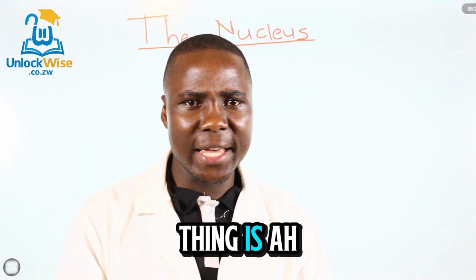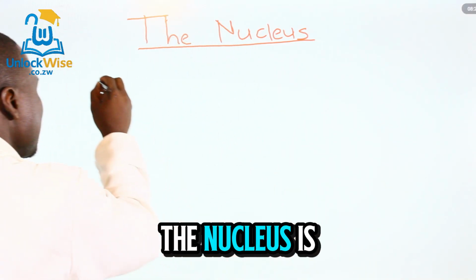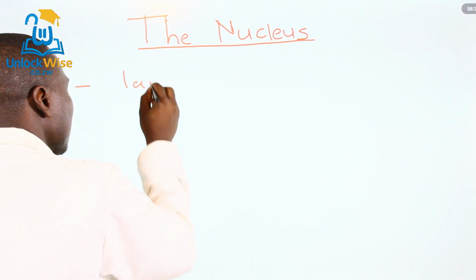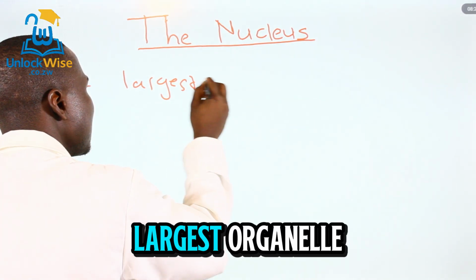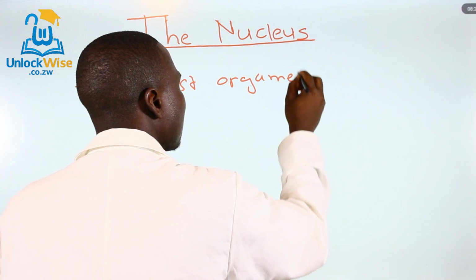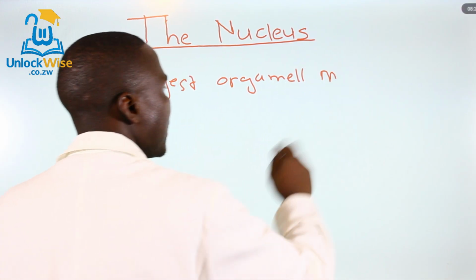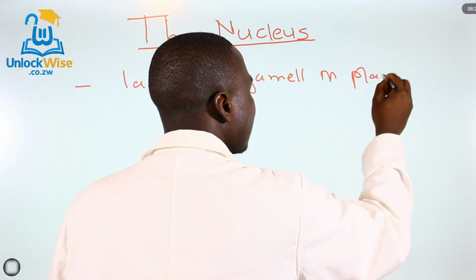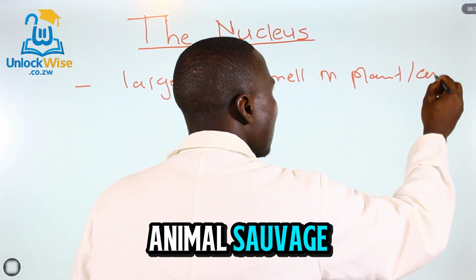So the first thing is, the nucleus is the largest organelle in plant and animal cells.